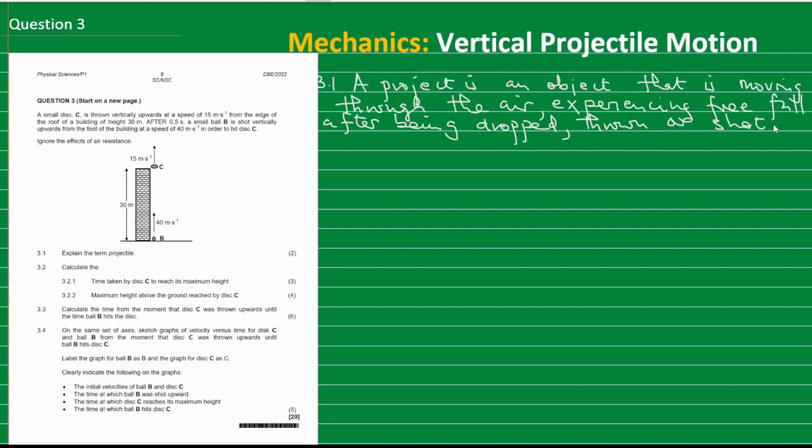Okay, so a projectile is an object that is moving through the air experiencing free fall. Okay, free fall is an undisturbed movement of an object when only gravitational force is acting on it.